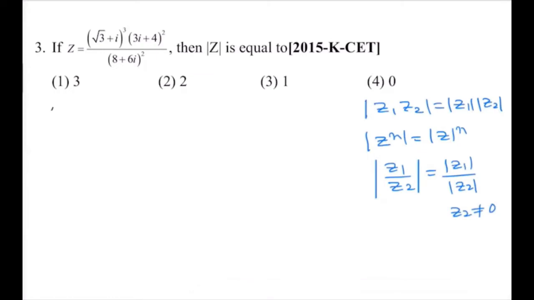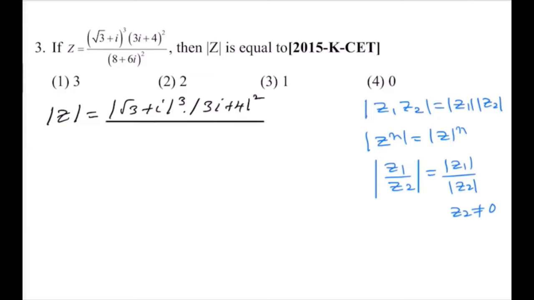So you can take this as modulus of root 3 plus i whole cube into modulus of 3i plus 4 whole square upon modulus of 8 plus 6i whole square.